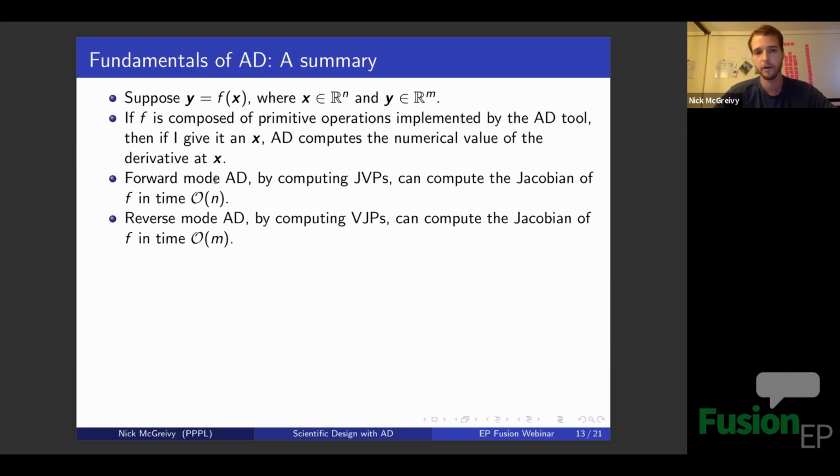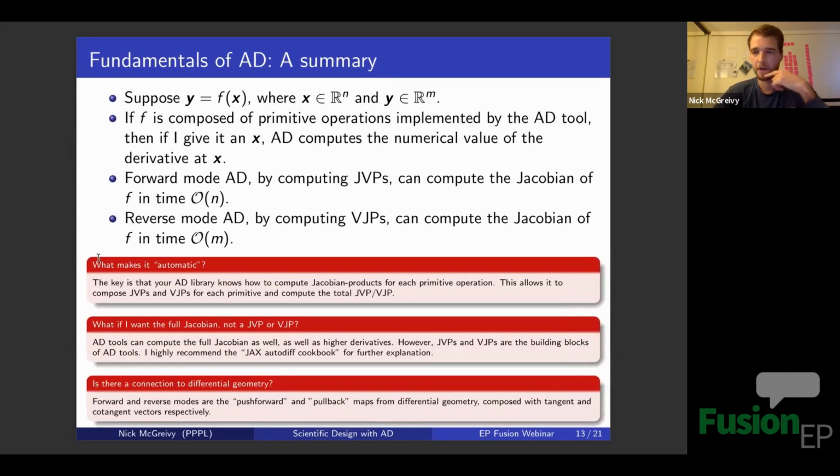And in forward mode, I can compute the full Jacobian in time O of n by performing forward mode n different times to get each of the n columns of the Jacobian. And in reverse mode, I can compute the Jacobian in time O of m by performing it m times to get each row of the Jacobian.